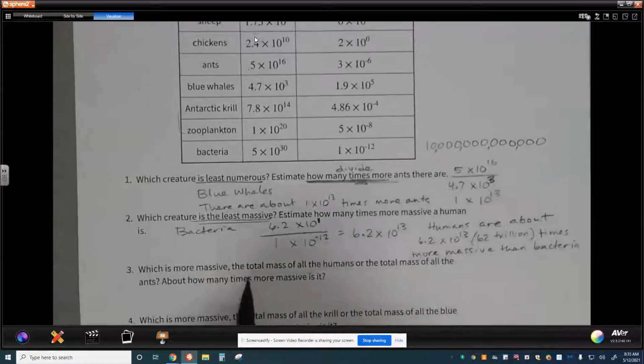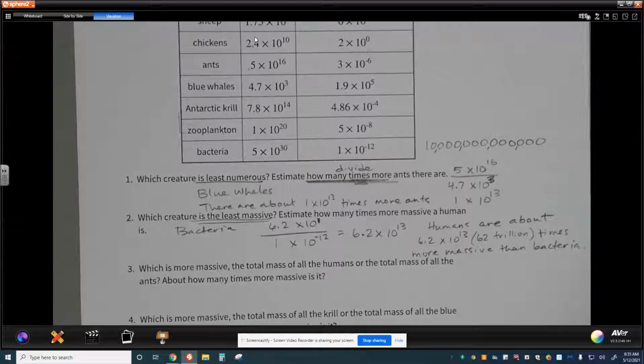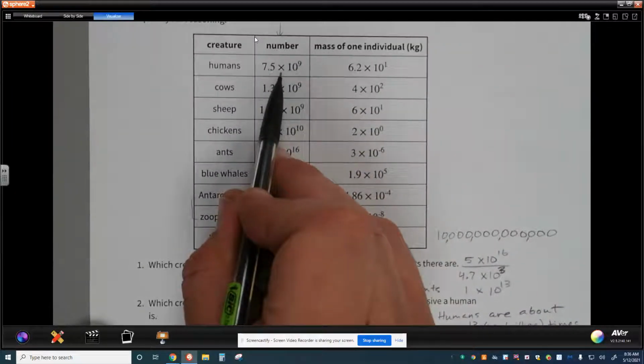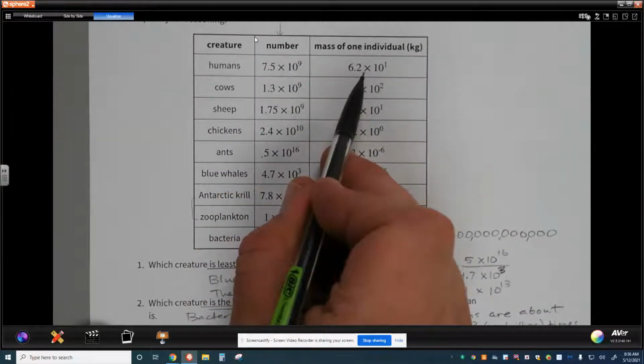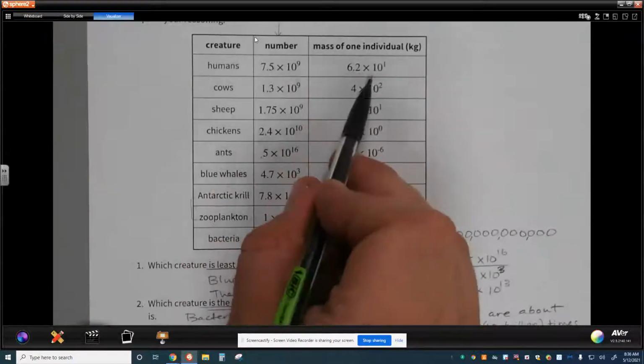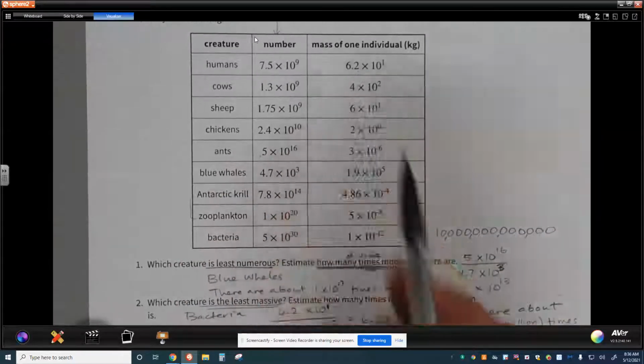So which is more massive, the total mass of all the humans or the total mass of all the ants? How many times more massive is it? This one means that we have to do a little bit of work. If we're looking at the mass of all humans on the earth, we have to do some calculation to figure out what the total mass is.